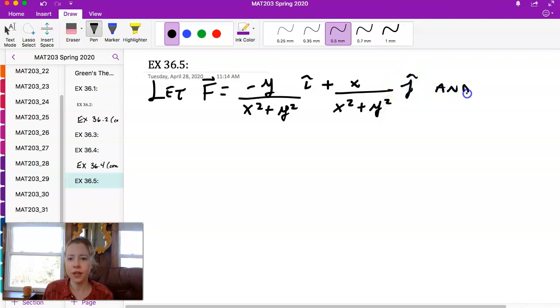And C is going to be the unit circle oriented counterclockwise.